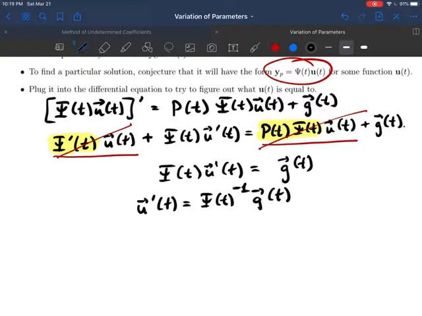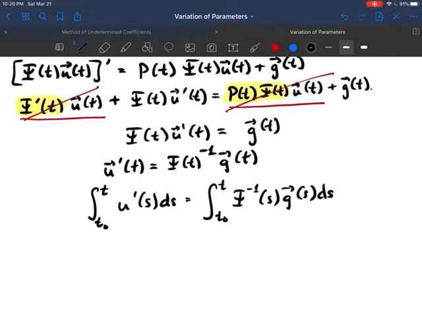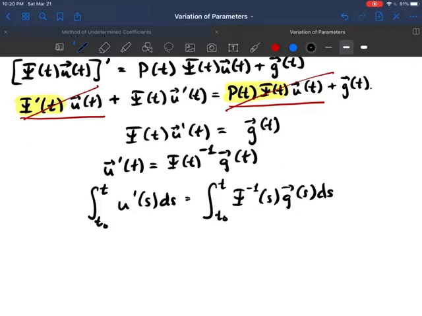So I need a dummy variable on the inside of my integration. So it's going to be the integral from t0 to t of u prime of s ds, that's the dummy variable, equals the integral from t0 to t of c inverse of s g of s ds. All right, so hopefully that's clear what's going on there.